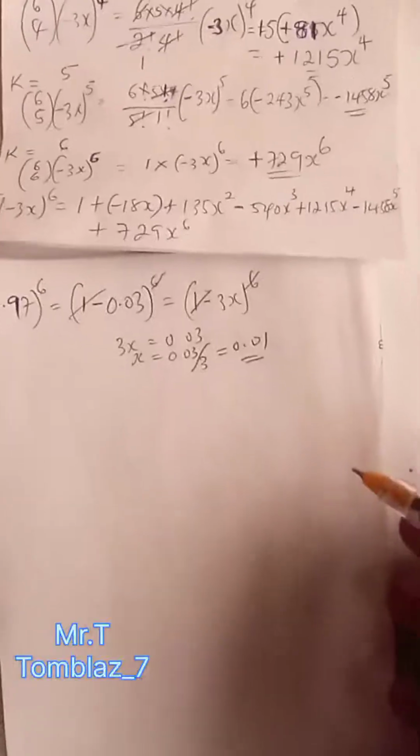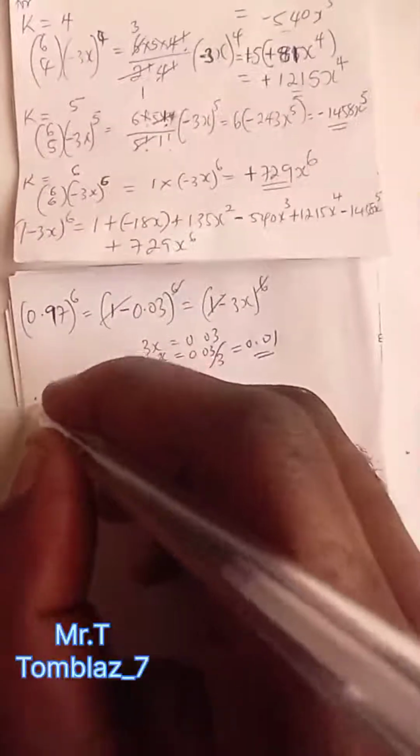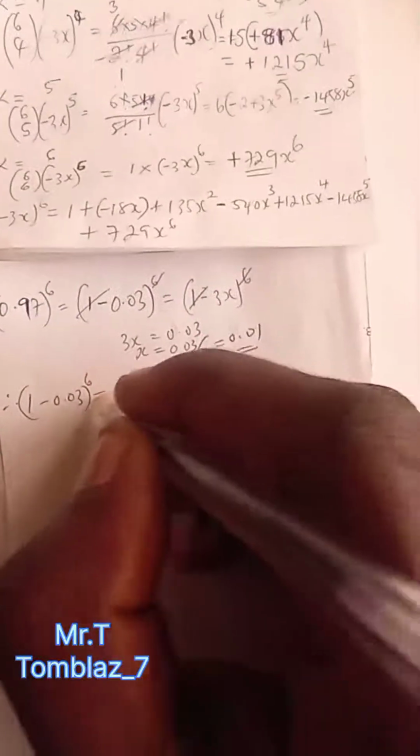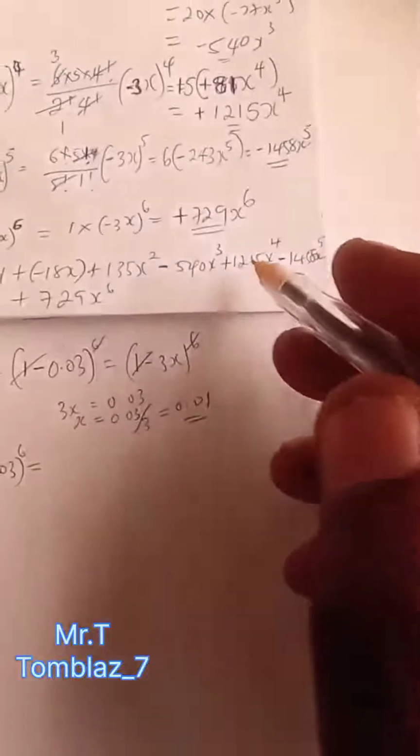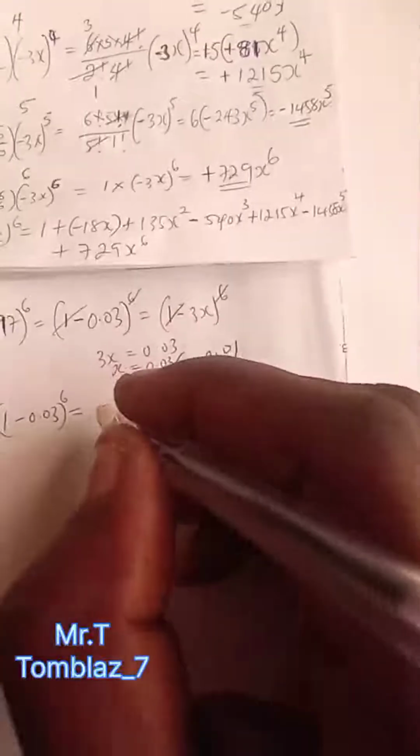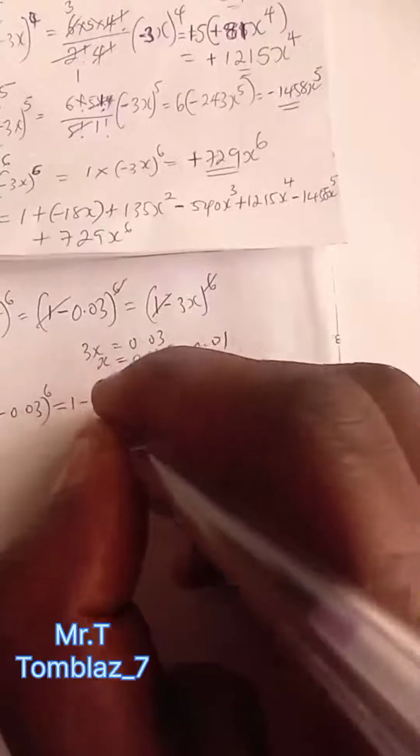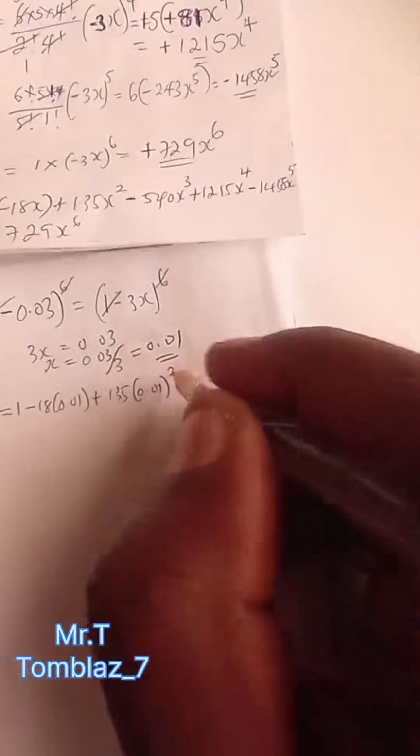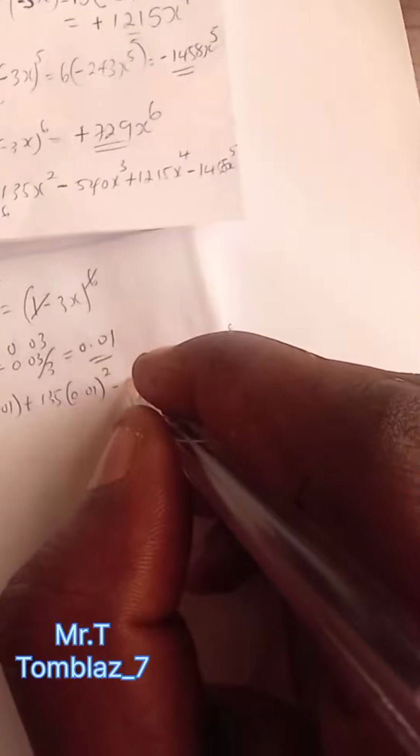So if x is 0.01, we can substitute it into this value to find the expansion of this. Therefore, 1 minus 0.03 raised to the power of 6 will then be equal to all this place. Now x will become 0.01. So we'll have 1 minus 18 into 0.01 plus 135 into 0.01 squared minus 540 into 0.01 raised to the power of 3.